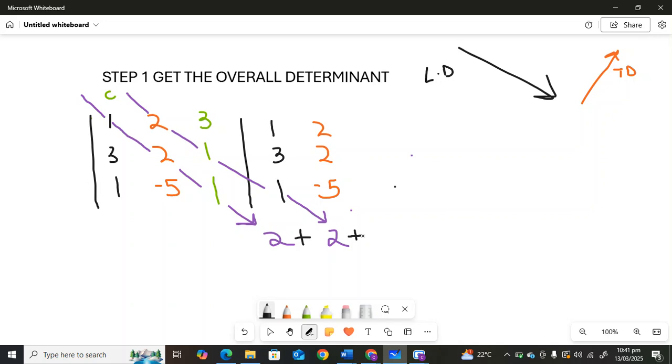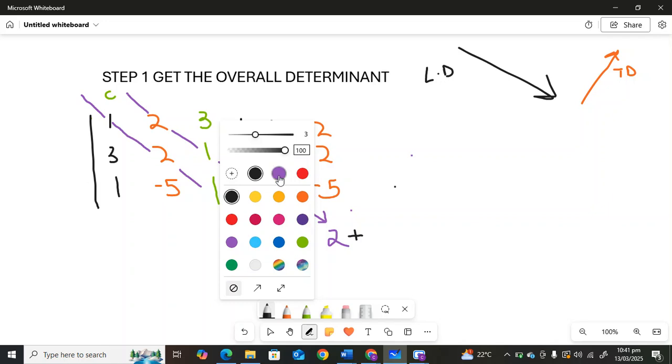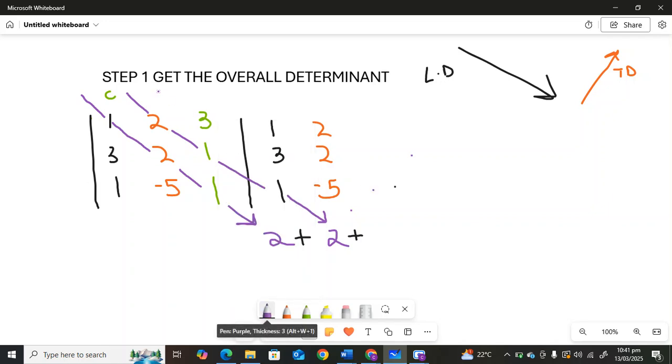Plus 3 times 3 times negative 5. 3 times 3, that is 9. 9 times negative 5, negative 45.